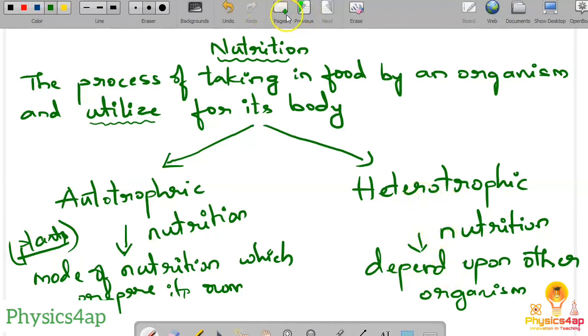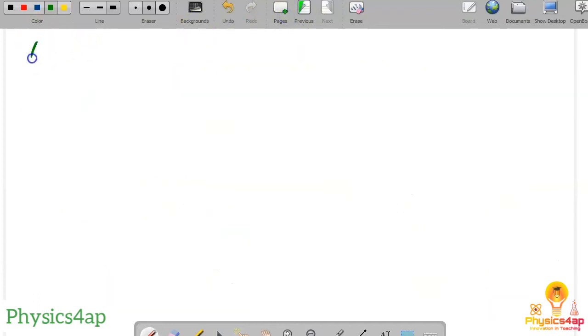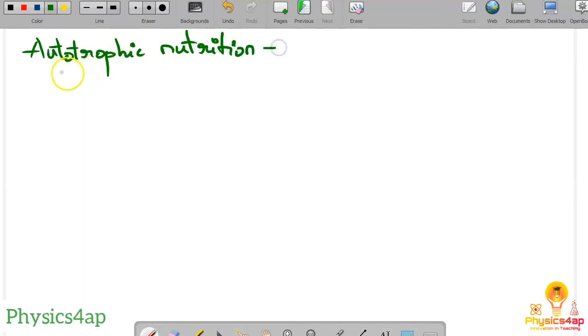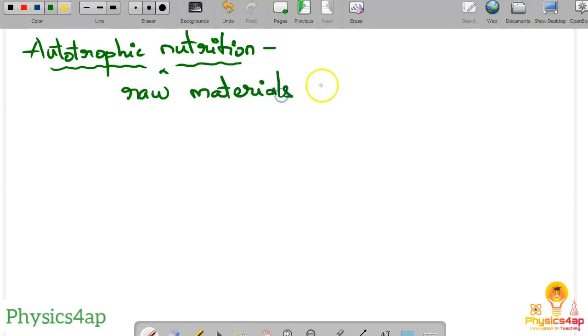Now let us discuss autotrophic nutrition. As we have discussed, it can prepare its own food. It is a mode of nutrition which can prepare its food, but how? By taking the raw materials and converting them into complex substances.